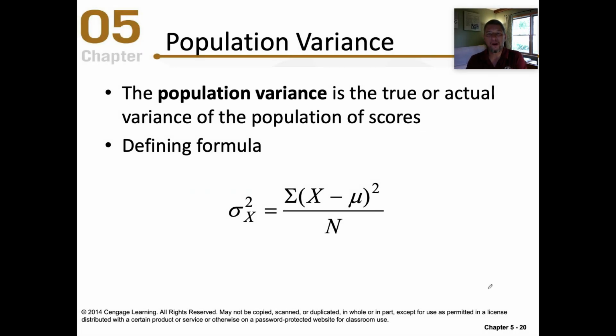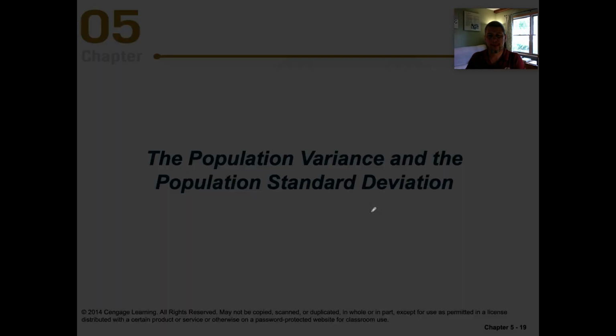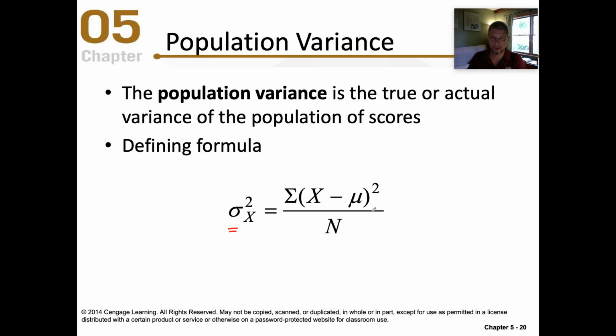The population variance is the true or actual variance of the population of scores. All right, and the formula here, rather than an s squared, we're going to use this Greek letter, which is called mu, and this represents the actual mean of the population.